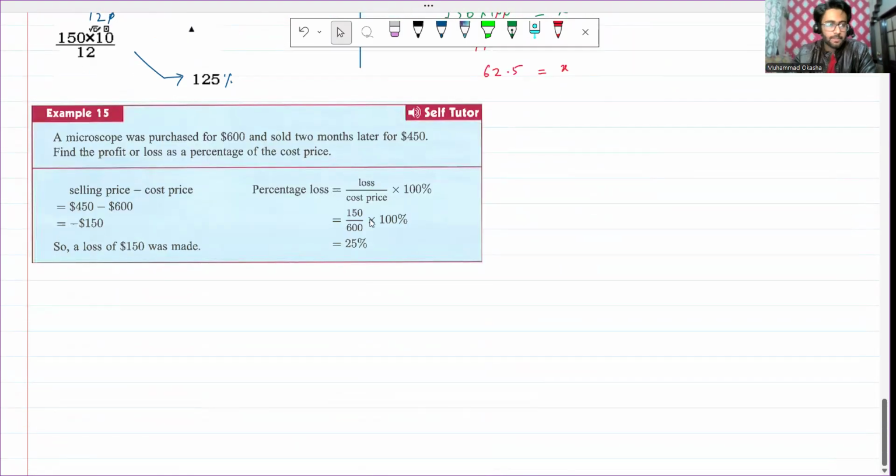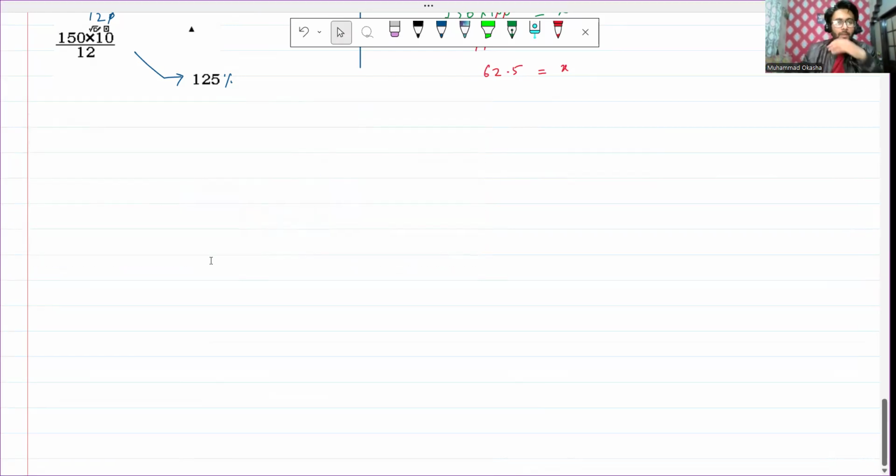Okay. Now these are the formulas for percentage profit and percentage loss. I'm going to give you two formulas. Percentage profit is something you need to remember. Percentage profit is equal to profit divided by cost price, multiplied by 100.